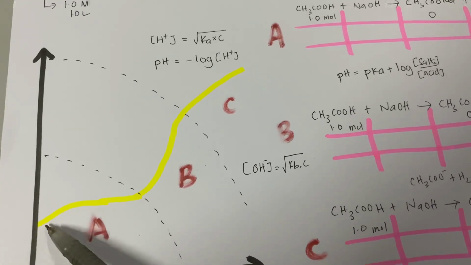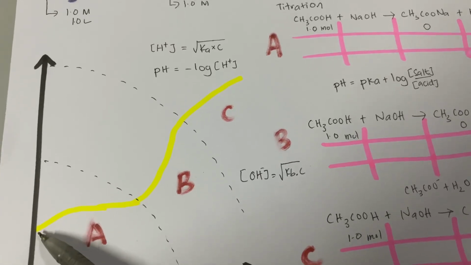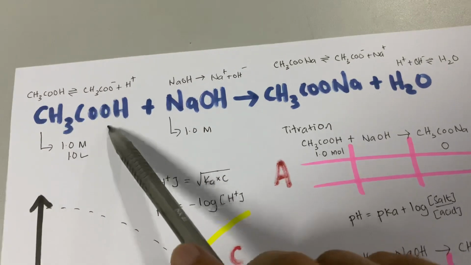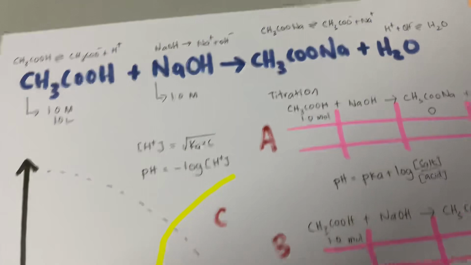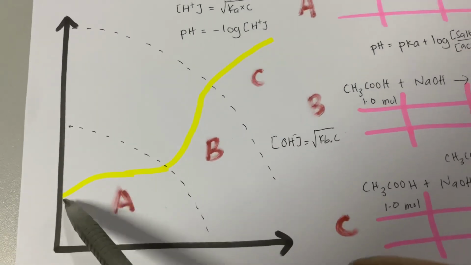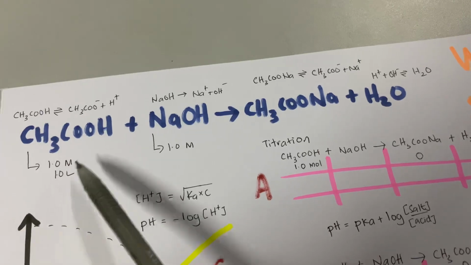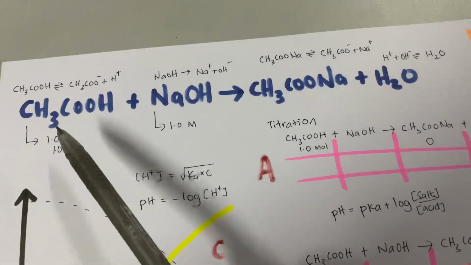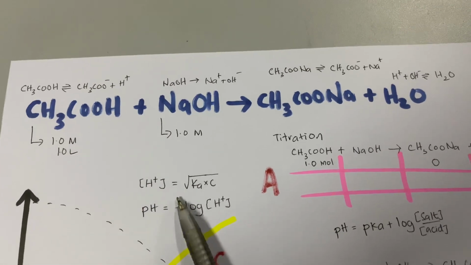we go first to the first point here. Before any titration happens, what exists is only ethanoic acid. This is what exists before any titration. So this is 1 molar, 1 liter. By using this formula here, this is weak acid, so you need to use this formula.